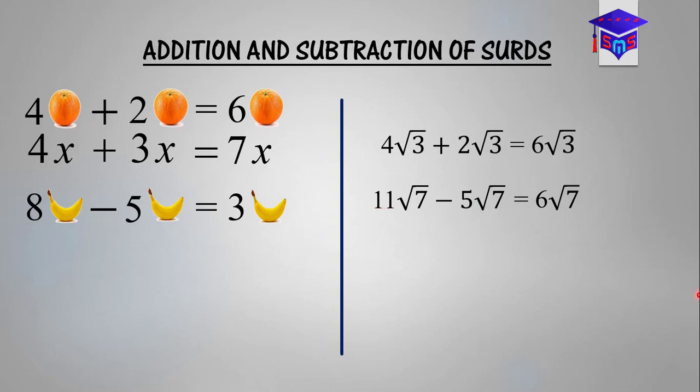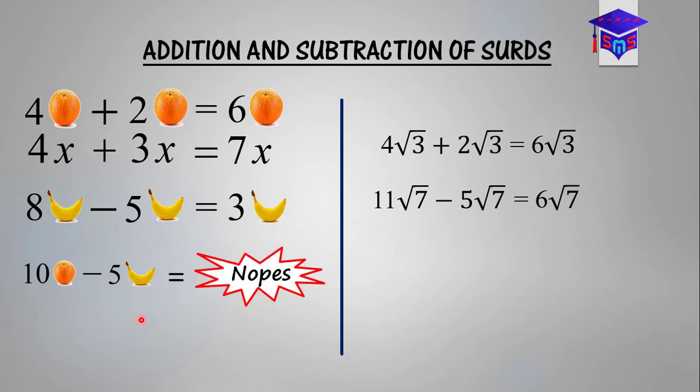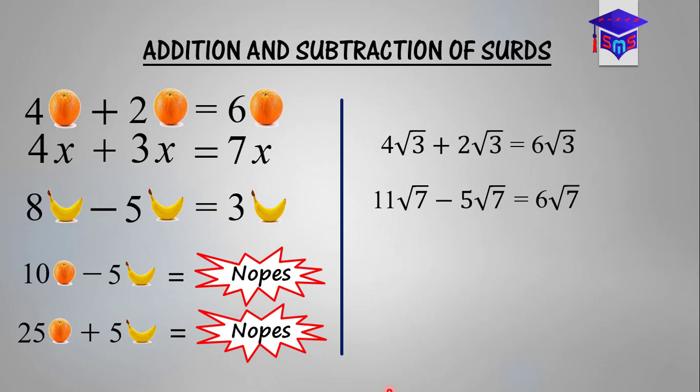Alright, but let's look at something. Assuming I have 10 oranges, is it possible to take away 5 bananas from 10 oranges and get a single item? No, that's not possible. And also, if you have 25 oranges and you add 5 bananas, it's never possible to get a single item.